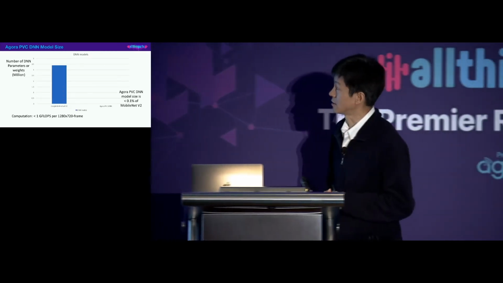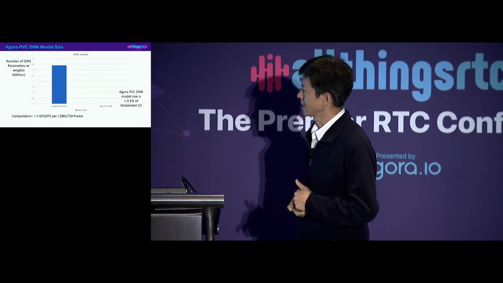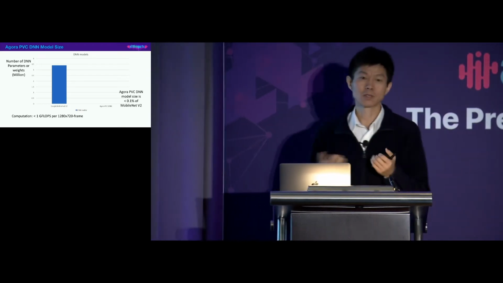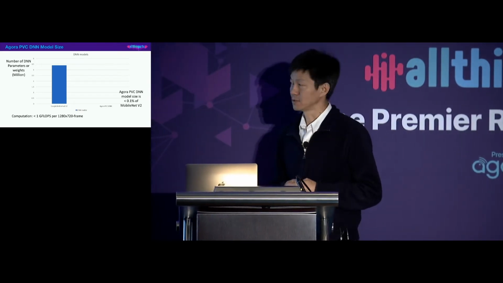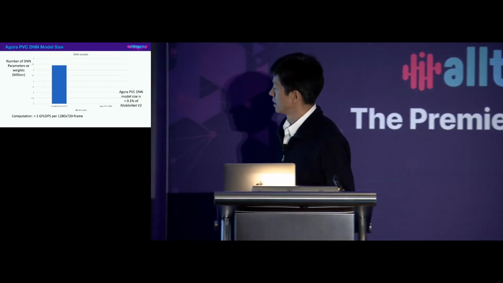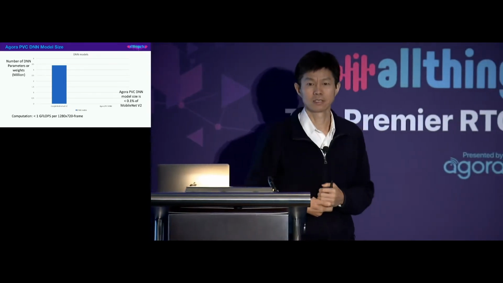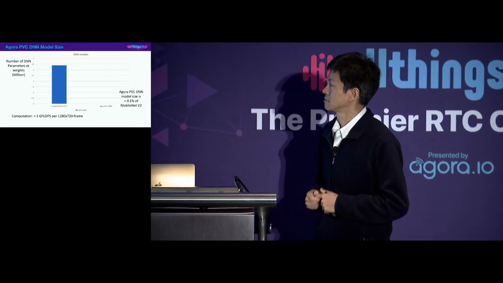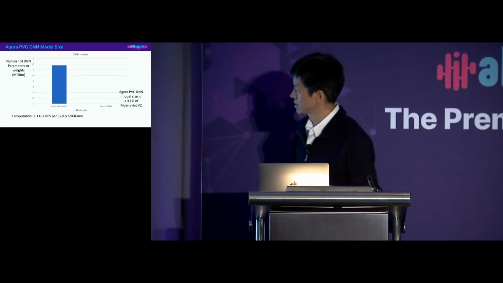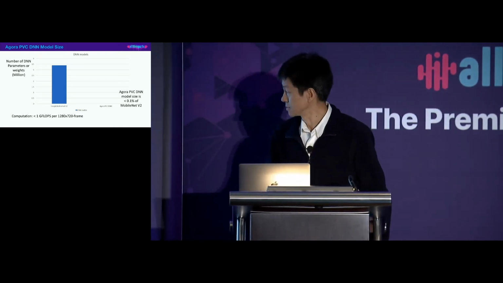And now let's look at our PVC neural network model size. Let's compare with MobileNet version 2 for lack of a direct reference. Still, it's a good reference. Our Agora PVC DNN model is actually 0.1% of MobileNet version 2, so it's even smaller than our SR model.